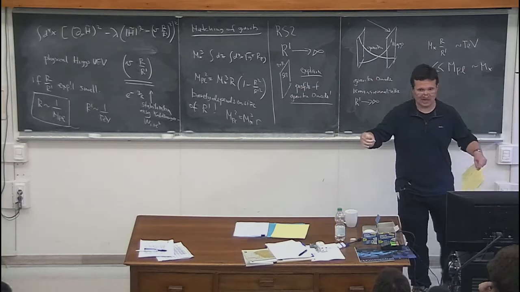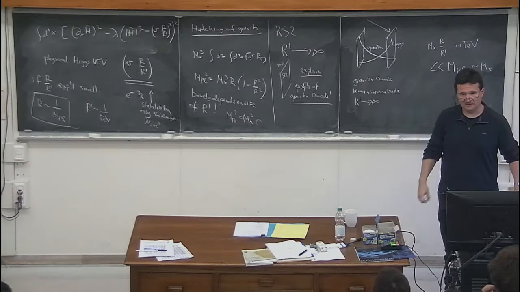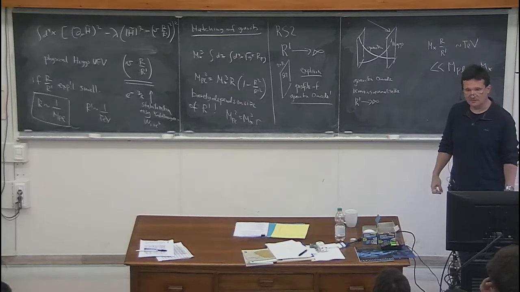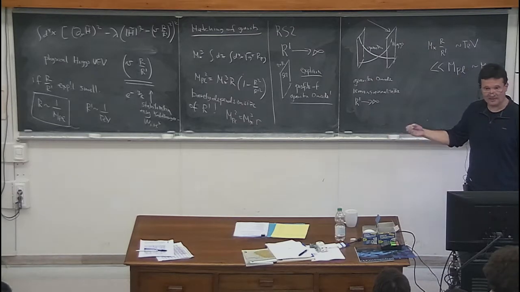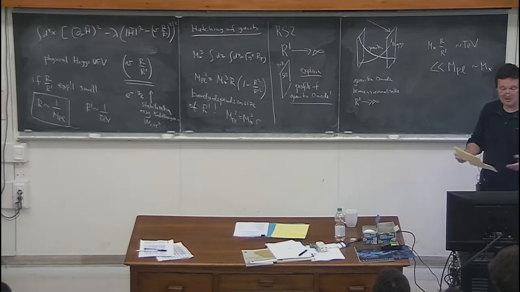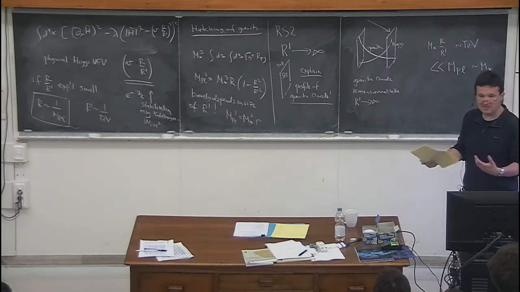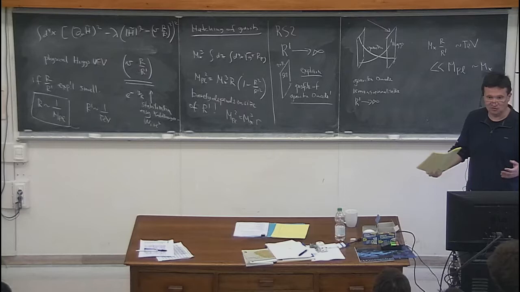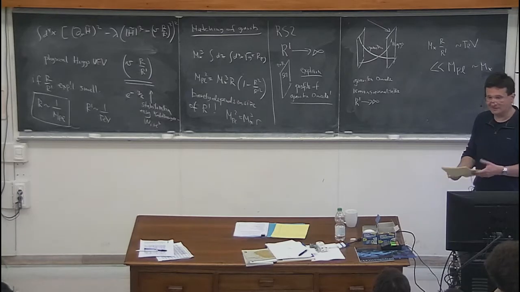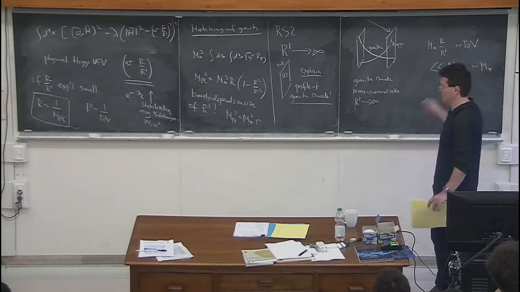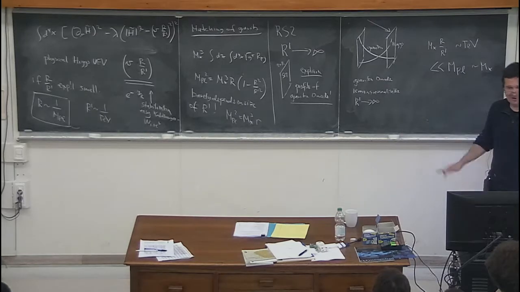For example, if you're calculating Newton's potential between two objects on the UV brane, there will be some small corrections from the KK modes. And they can be made small enough that the theory truly looks like a 4-dimensional gravitational theory, even though you have this very large, or infinitely large, extra dimension.